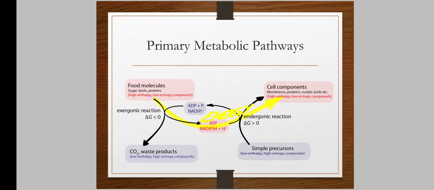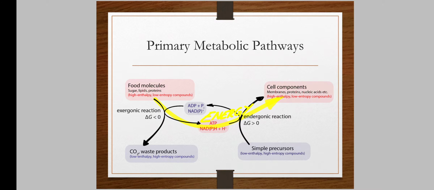Most of the time, you have the food molecules as the reactants in catabolic pathways, and we use the energy from catabolic pathways to fuel the anabolic pathways. That is why inside the cell, you have the two pathways occurring simultaneously.